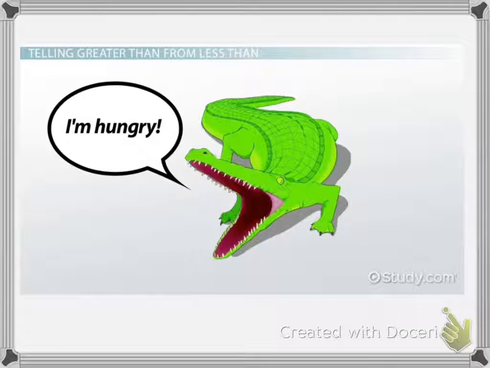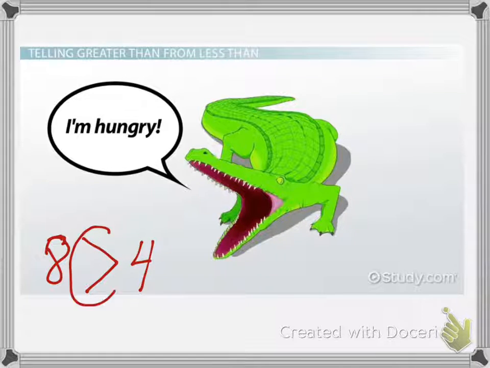You're not going to go for the smaller amount, you're going to go for the bigger amount. So the mouth is going to be pointing to the bigger number. He wants the bigger number than the smaller number. That is the greater sign. And then this part is focusing on the smaller number.